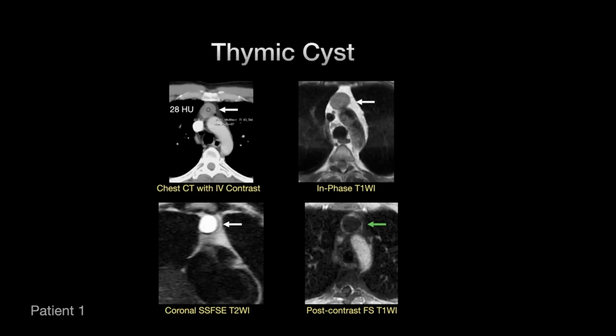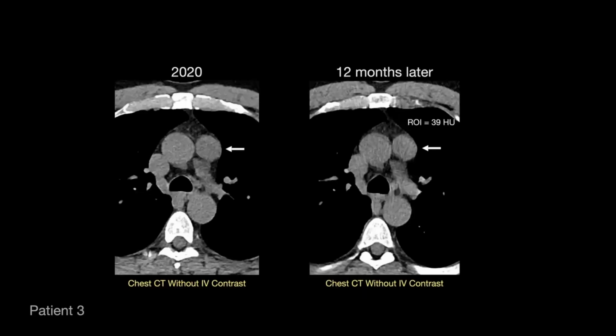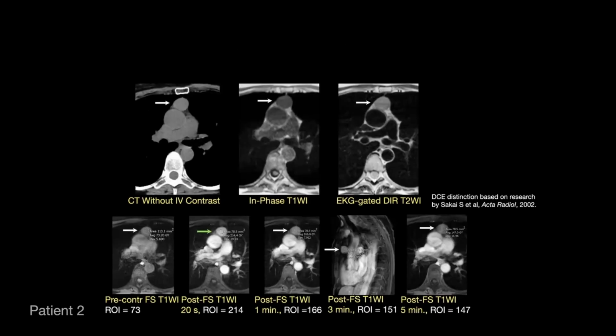It does not need to come out. What about this lesion? It looks pretty much the same as the other. It was T1 isointense to muscle, T2 hyperintense, but in this case, it showed rapid time to peak enhancement at 20 seconds with some washout over time. So this was a thymoma, not a thymic cyst.